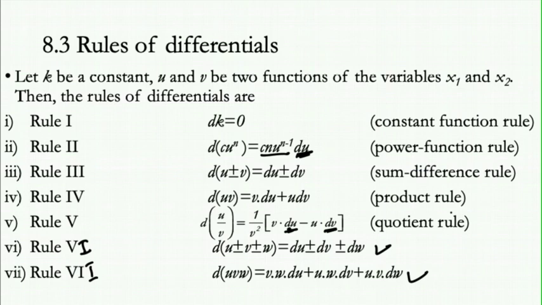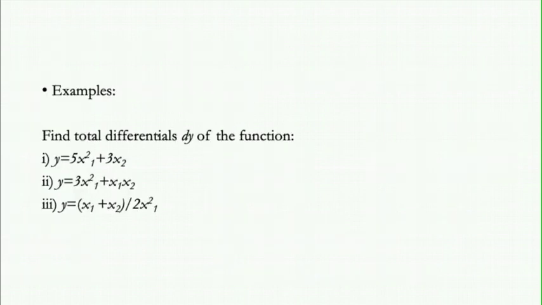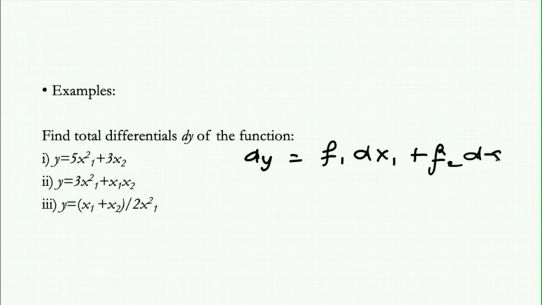Okay, so if we look at the exercise, we have an exercise here. Let's look at question number 1 here. Find the total differentials dy of the functions. So we know that dy in general is given by f1 dx1 plus f2 dx2, isn't it?